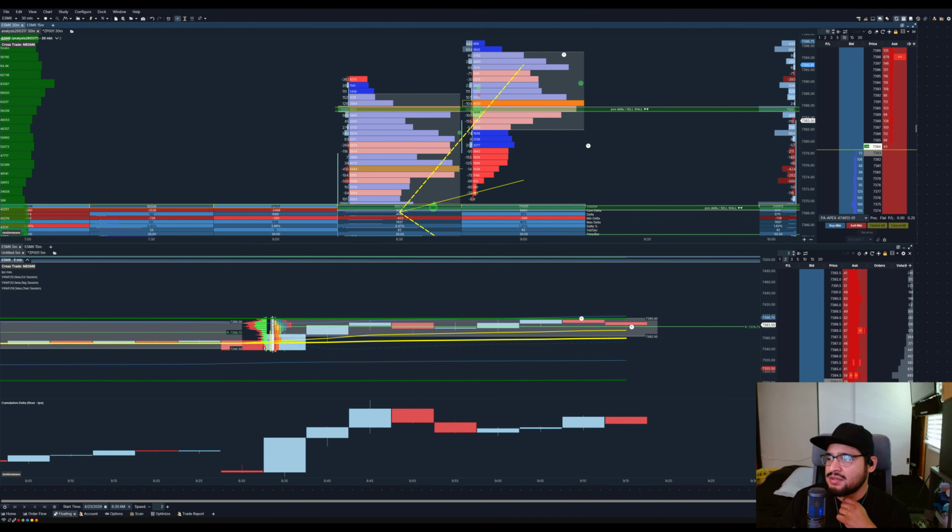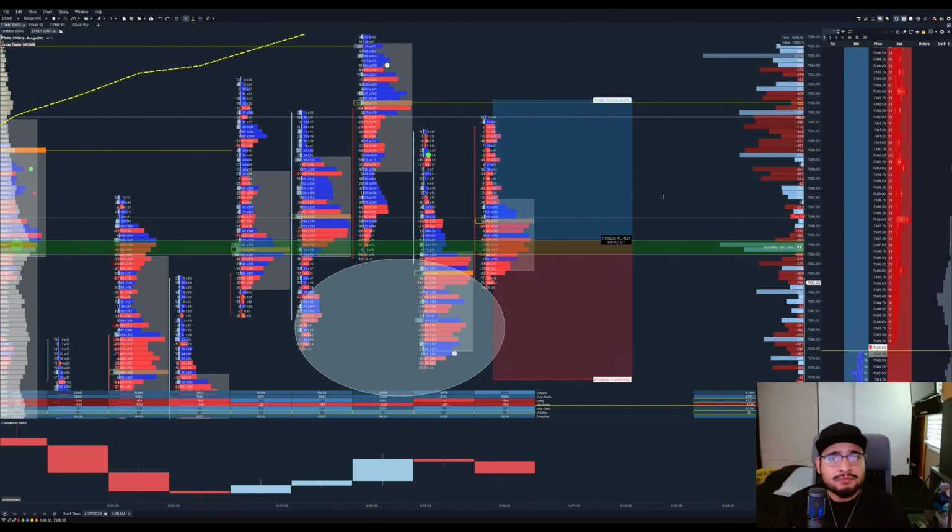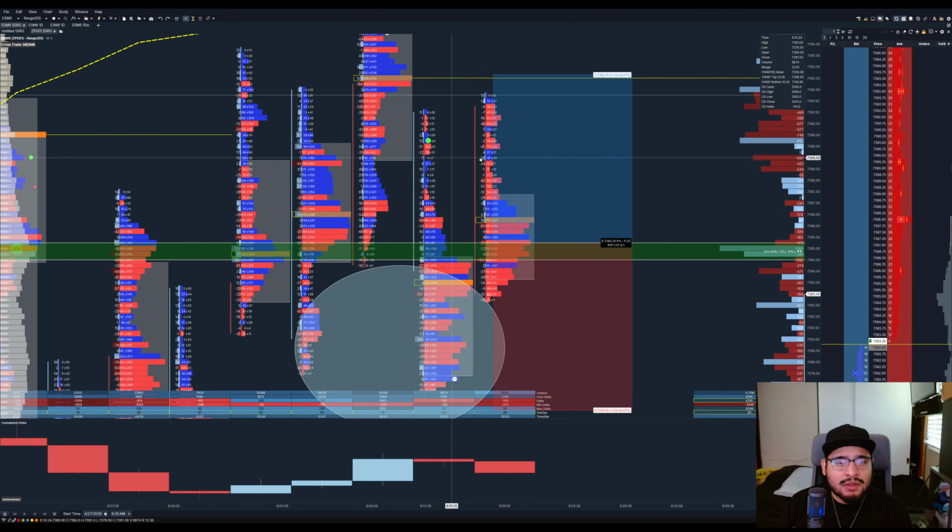That's preventing me from shorting. We filled in a couple zero prints here.